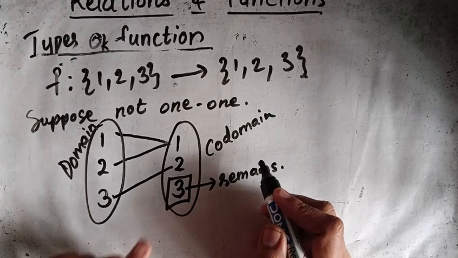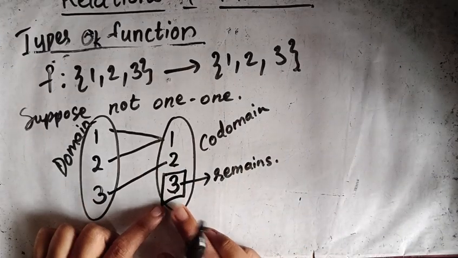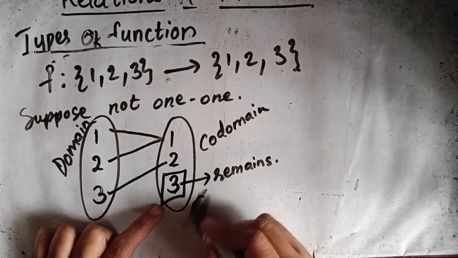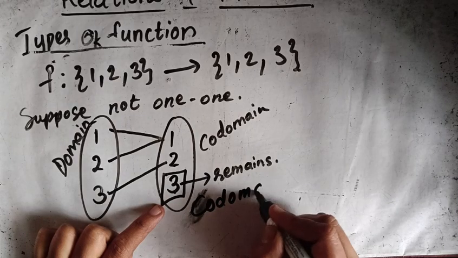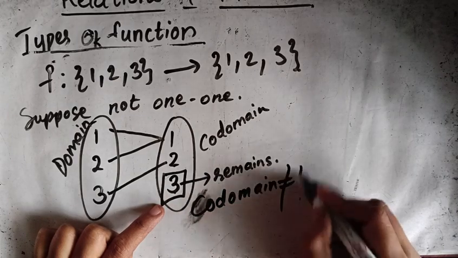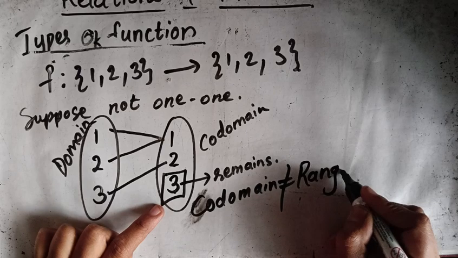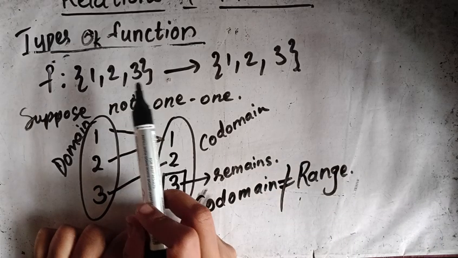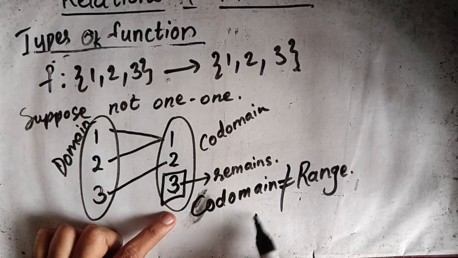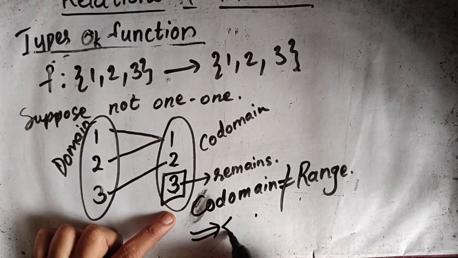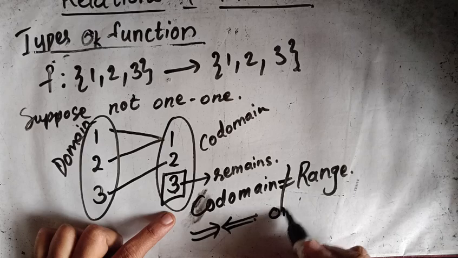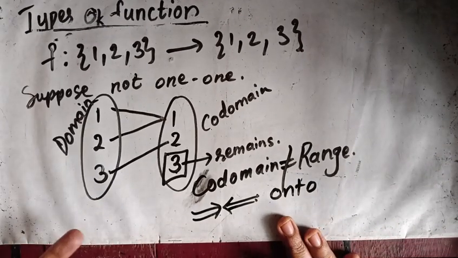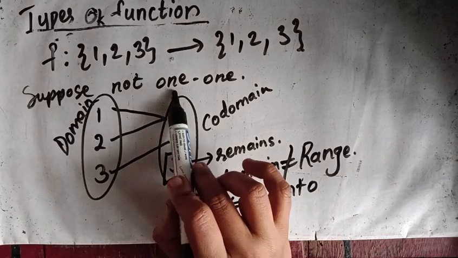Okay, so this implies that if this remains, then the codomain is not equal to the range set. Okay, and this function is already given to be onto, and this contradicts the statement that it is onto. Okay, so this is not possible, so we can say that it is one-one.